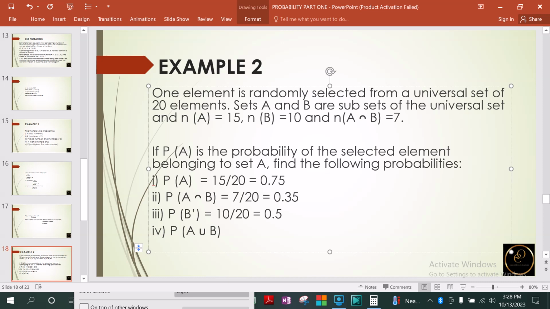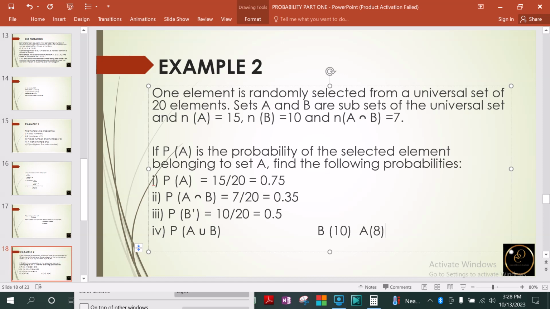How do I calculate that one? Let me demonstrate this one. If B has 10, and then what of A? A should have 8. Why?